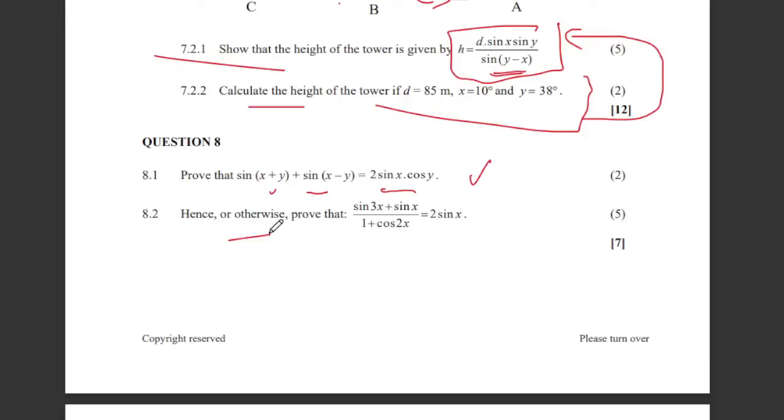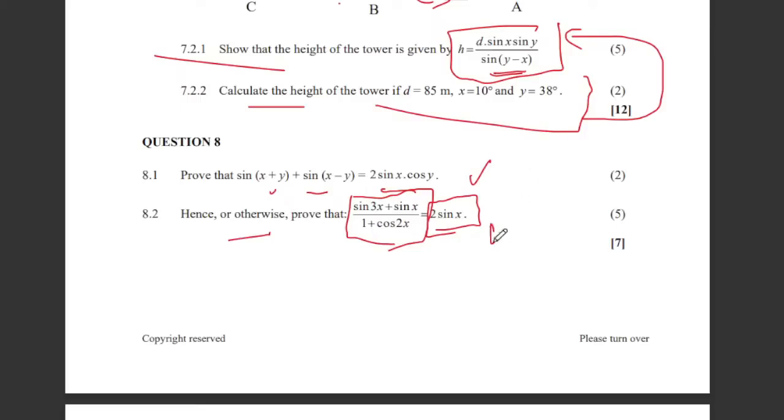Then hence or otherwise, so it's either you use what you obtained up there to draw the conclusion on this side and do the proof, okay? So under this, remember we said we have identities, those identities that we need to remember. And then we have two sides. We must prove that one side is equal to the other. Guys, start with the side that has the most number of terms.